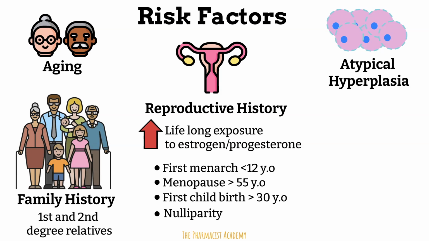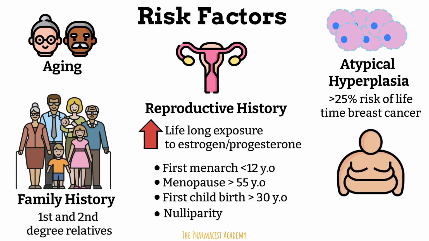This hyperplasia is most likely due to mutations and changes and increases the lifetime risk of developing breast cancer. Usually after breast imaging, such as a mammogram, if abnormalities are seen on the imaging, you will be sent for a biopsy where they will take out some of the breast cells or tissue and further evaluate it. And that's when they may notice the atypical hyperplasia.